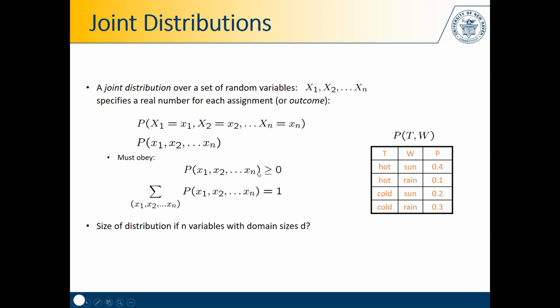Just to simplify the question with an example, this is the joint probability distribution table for two variables, each of which has a domain of size 2. So temperature can be hot or cold, weather can be sunny or rainy. Now, how can we generalize this to figure out the size of this table?